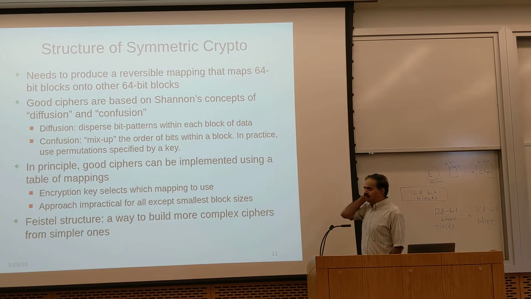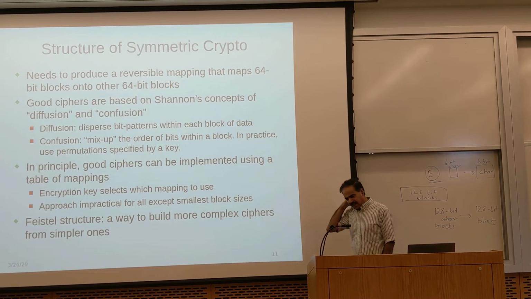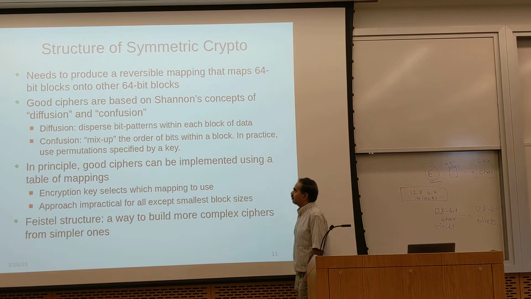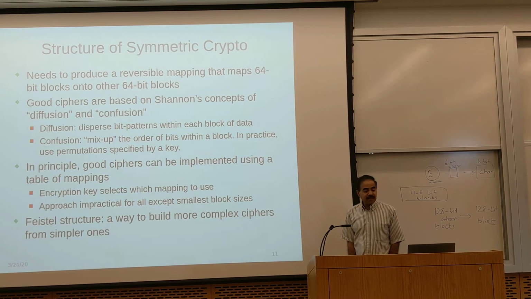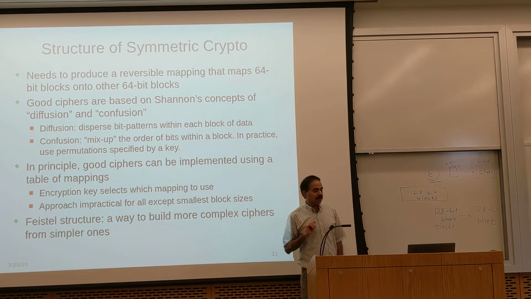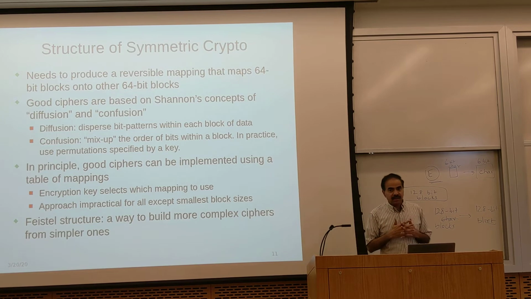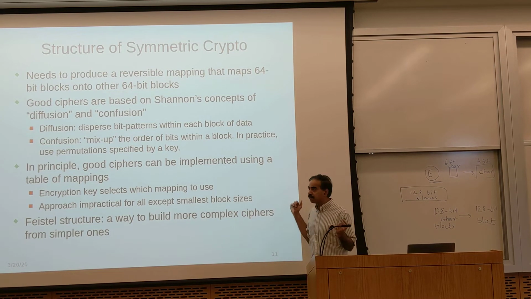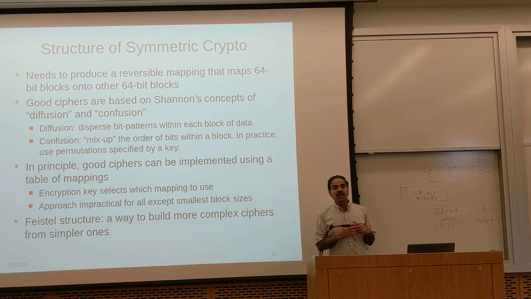Diffusion and confusion are terms that don't have a very technical definition, but you can understand them intuitively as follows. Diffusion means that the bit patterns in the plain text are dispersed, and confusion means you mix things up.